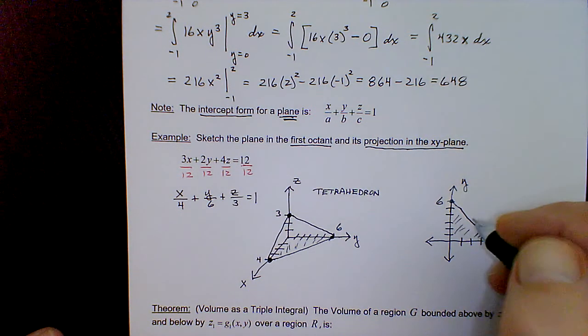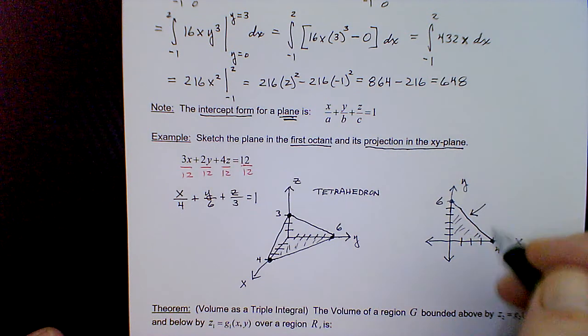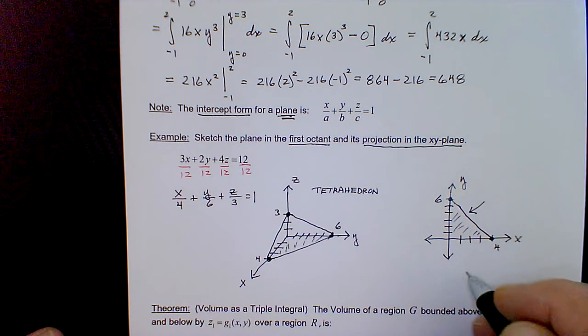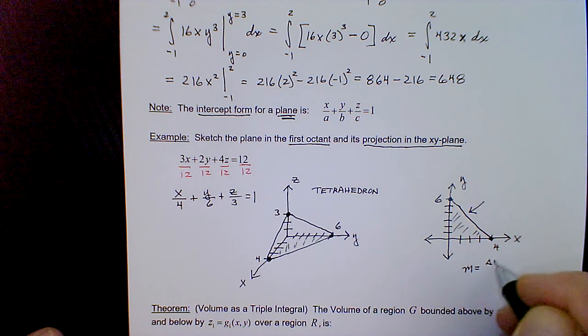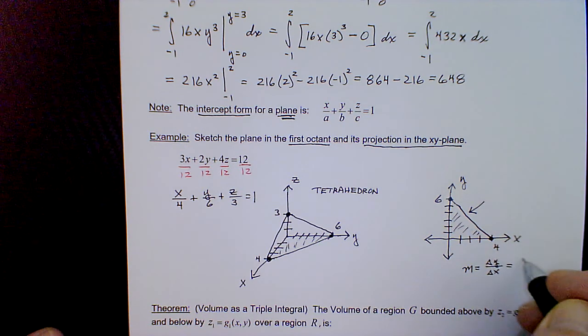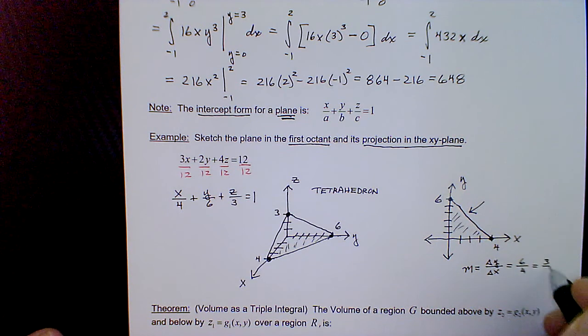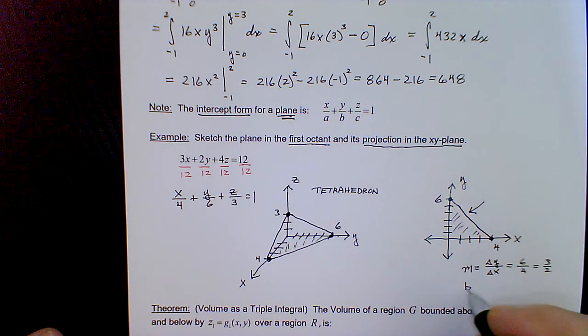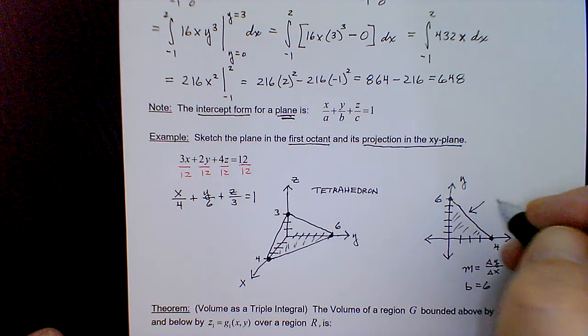And we would want to know what the equation of this line is. And just simply use the fact that the slope is change in y over the change in x, because it's a straight line obviously. Change in y is 6, change in x is 4, so 3 halves. And the y-intercept b is 6, where it intercepts the y-axis.